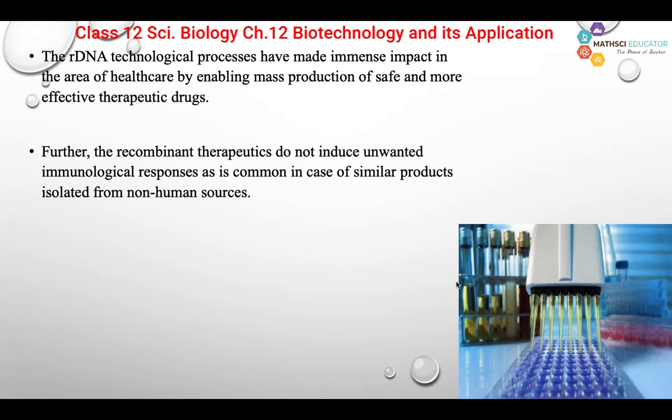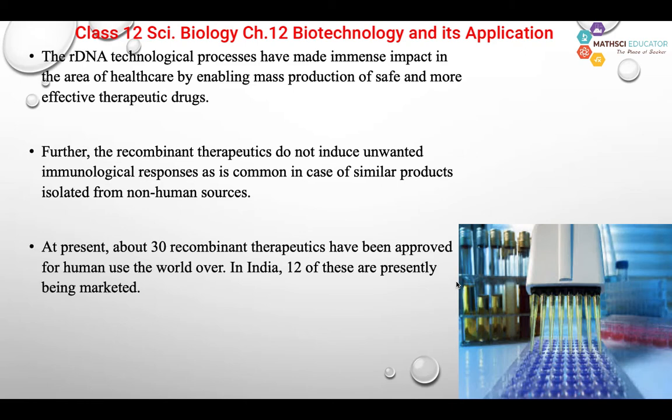Further, recombinant therapeutics do not include the unwanted immunological response that is common in the case of similar products isolated from non-human resources. मतलब कि जो non-human resources में से जब हम isolate किसी भी medicinal product को isolate करते हैं, they create somewhat allergic reactions or side effects. So by using such a recombinant therapeutic approach, we eliminate the unwanted immunological response, because these products are isolated from human sources.